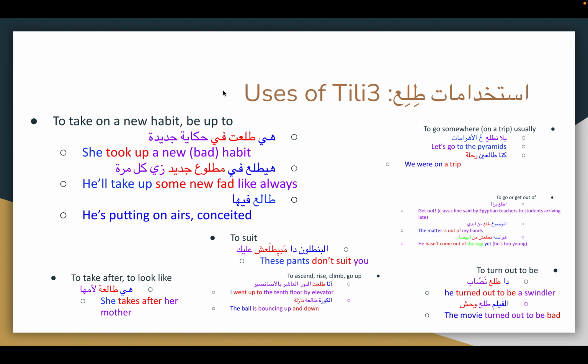There's also this other interesting one, to take on a new habit or to be up to something. And it often has a negative connotation. هي طلعت في حكاية جديدة. She took up a new bad habit.